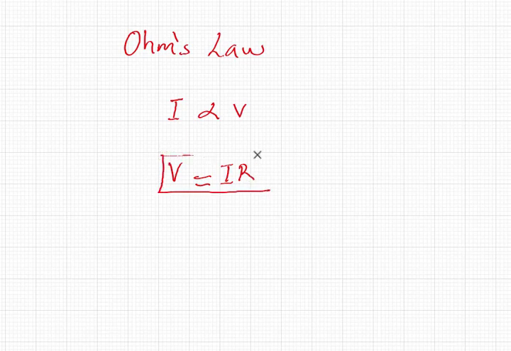So that's all we need to know. This is Ohm's law: voltage, current, and resistance. So voltage, you already know, is in volts, current in amps, and resistance in ohms, of course. Guys, I think this is enough.